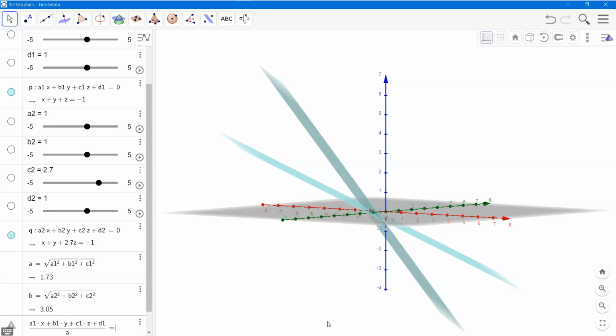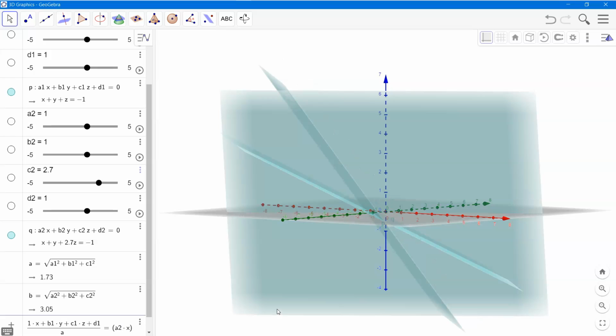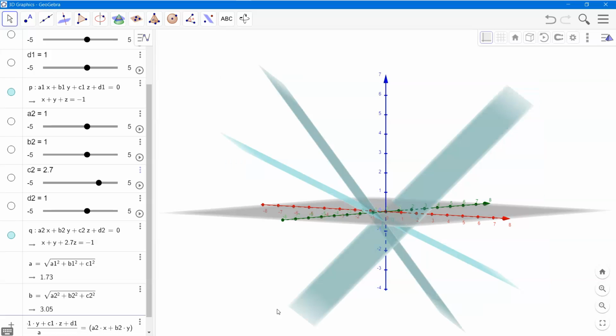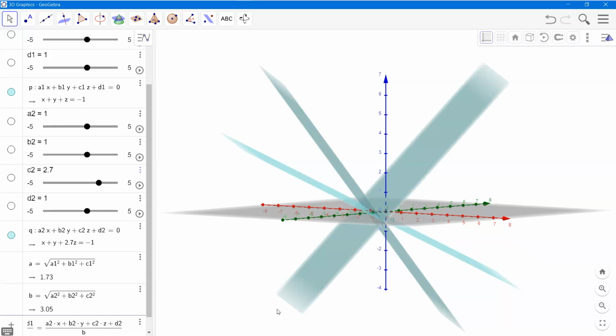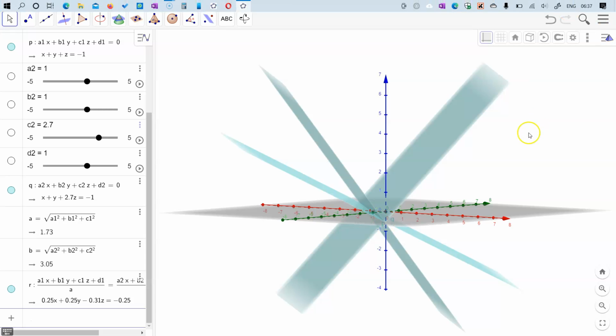Now remember, if you take a point on this bisecting plane, it would be equidistant from these two planes. So it is equal to a2 times x plus b2 times y plus c2 times z plus d2 divided by the second magnitude. Yes, so we have got this plane.